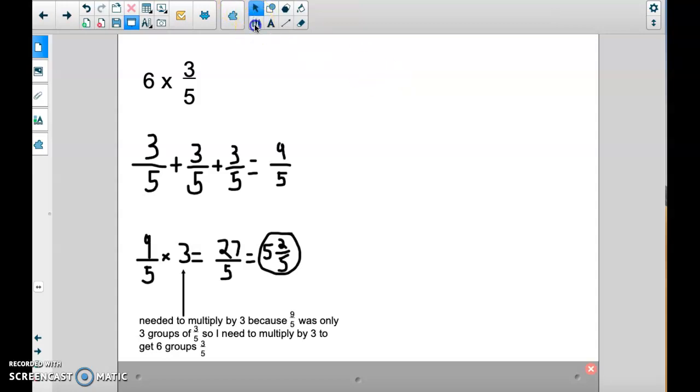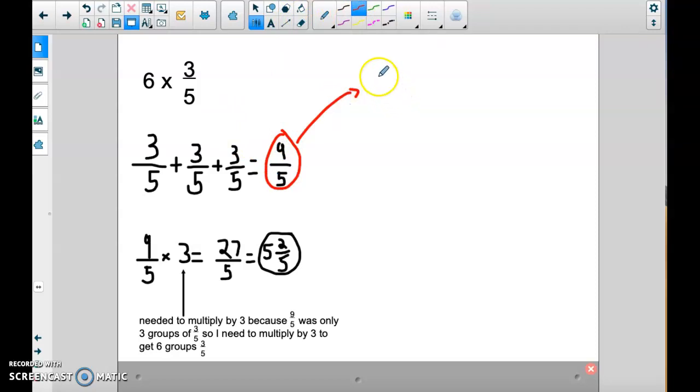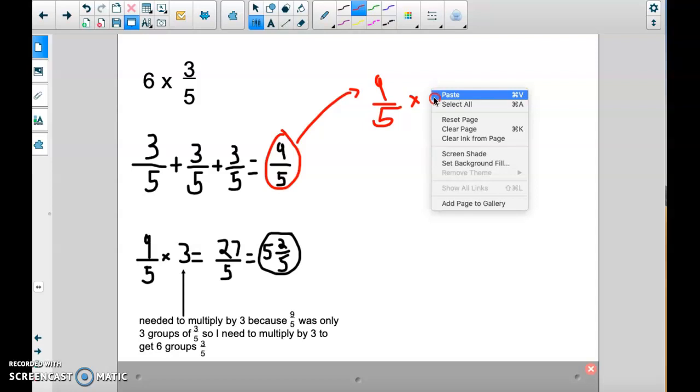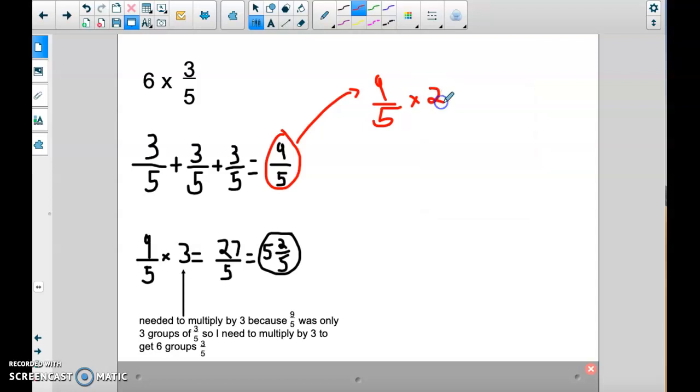Darn it, you're right. I did make a mistake. I could have started here. What would I have had to multiply that by to get 6 groups? That's right, we would have had to multiply it by 2 because 9/5 was 3 groups.